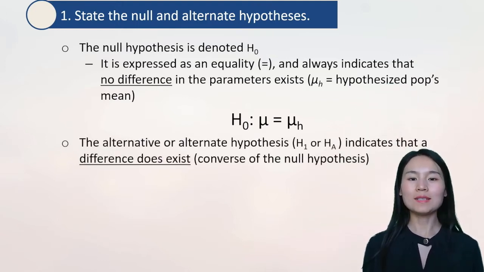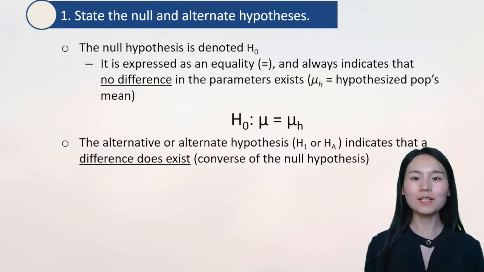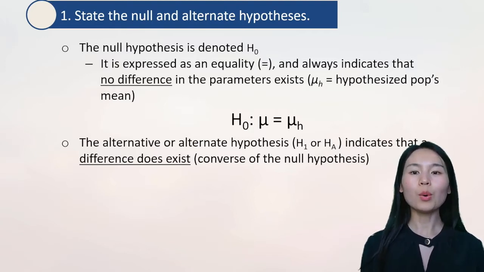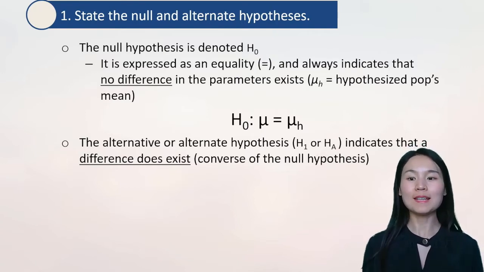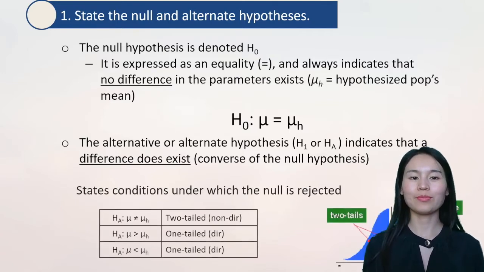The alternate hypothesis or alternative hypothesis can be denoted as H1 or HA. It indicates that a difference does exist, so it is the converse of the null hypothesis.